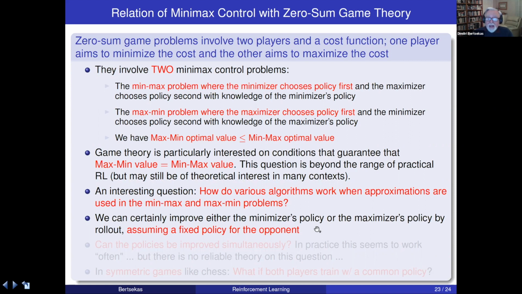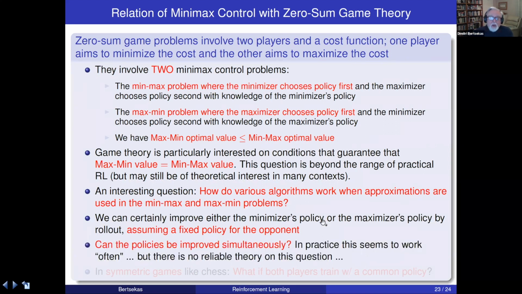And that's just about the only thing that you can say about the reinforcement learning algorithms that are being used in game theory, including the ones that have been used in AlphaZero. So in particular, suppose that instead of having a fixed policy for one of the opponents and improving the policy of the other opponent, can we improve the policy simultaneously?